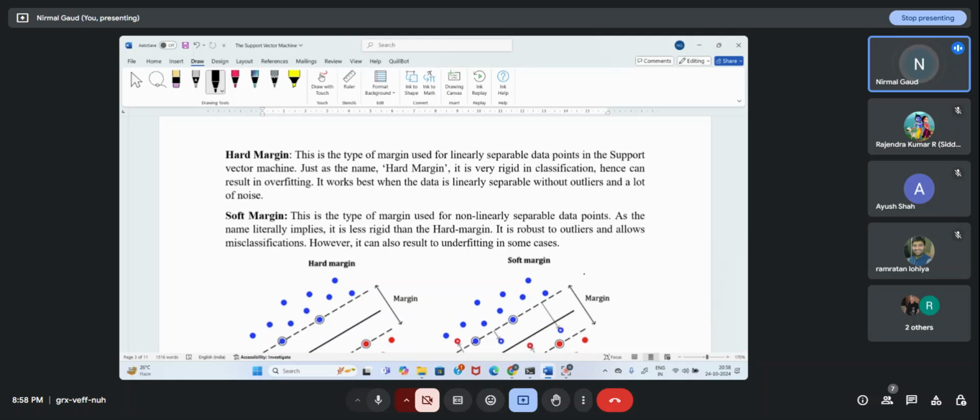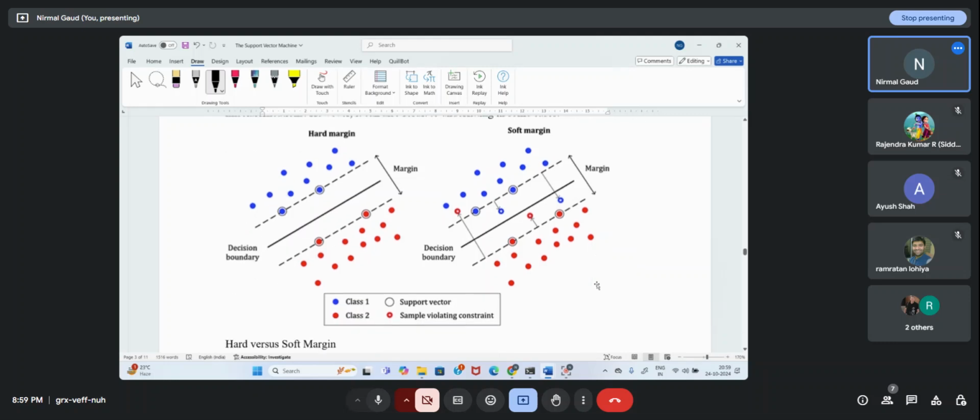Hard margin is a type of margin which is used in linearly separable data. It is very rigid in classification, hence can result in overfitting. That means very rigid. Here you can see hard margin is clearly classifying the data points.